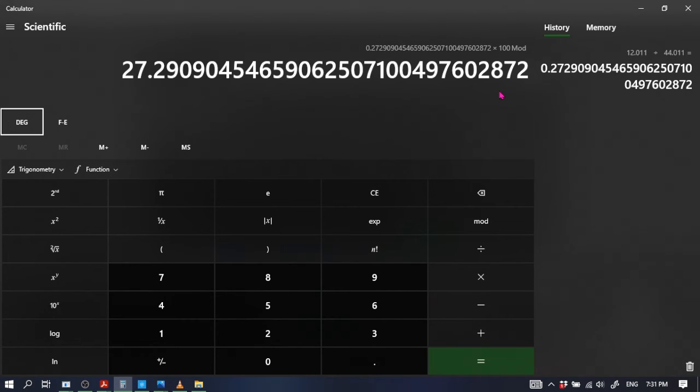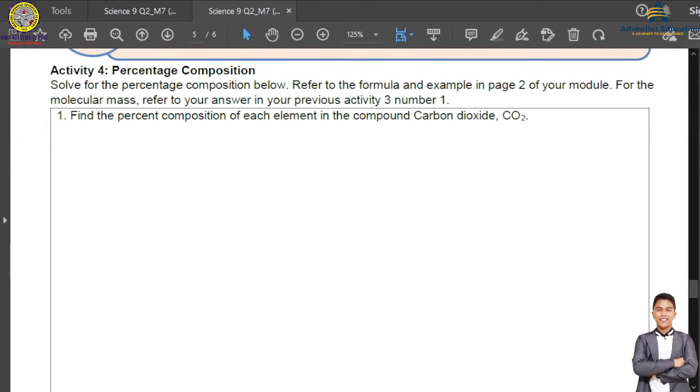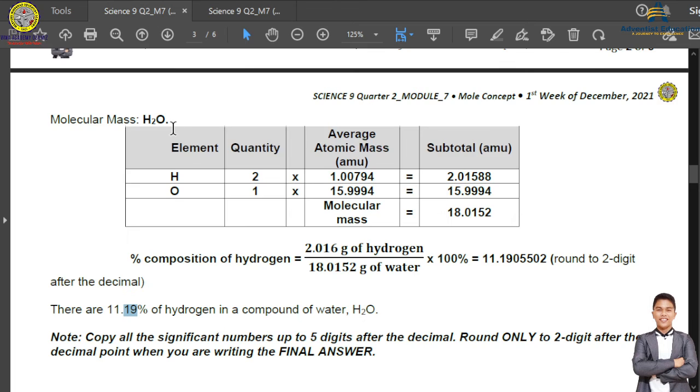So the percentage composition of carbon in the compound carbon dioxide means 27%. We will also include the decimal point: 27.29.